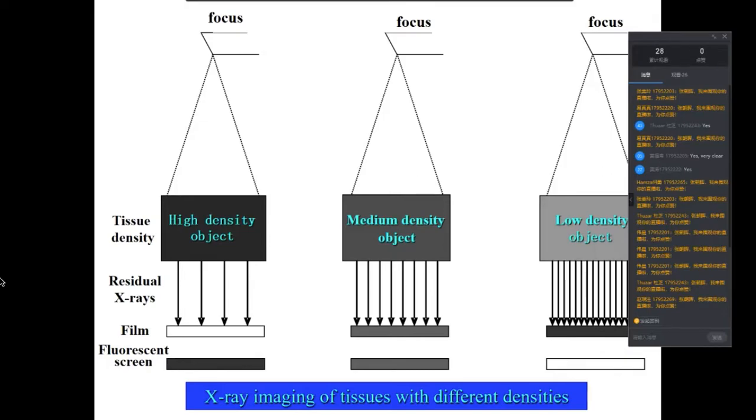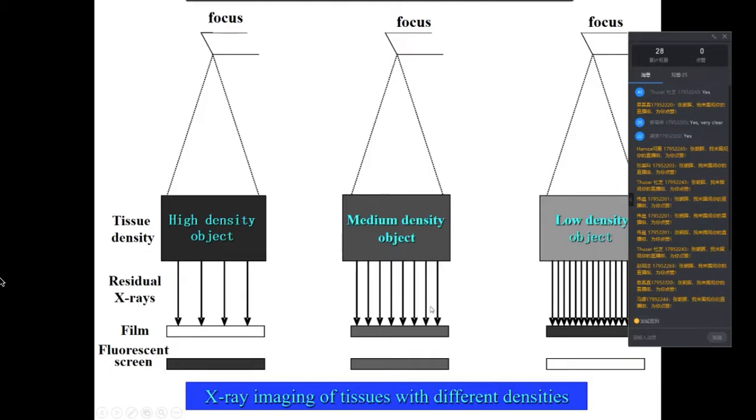So the residual amount of X-rays is smallest after they penetrate through the object with high density. In contrast, the residual amount of X-rays is largest after they penetrate through the object with lowest density. And the amount of X-rays after penetrating through the object with medium density is in between them.